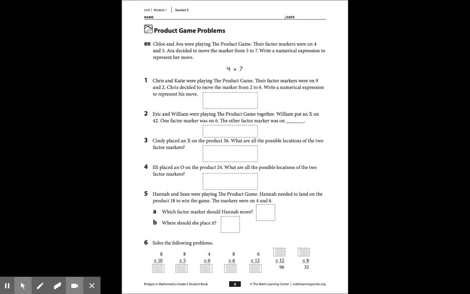Hannah and Sean were playing the product game, and Hannah needed to land on the product 18 to win the game. The markers were on 4 and 6. What factor marker should Hannah move, and where should she place it? Solve the following problems. If you need to hit pause on this, go right ahead. It might help you work on this if you don't have the page.